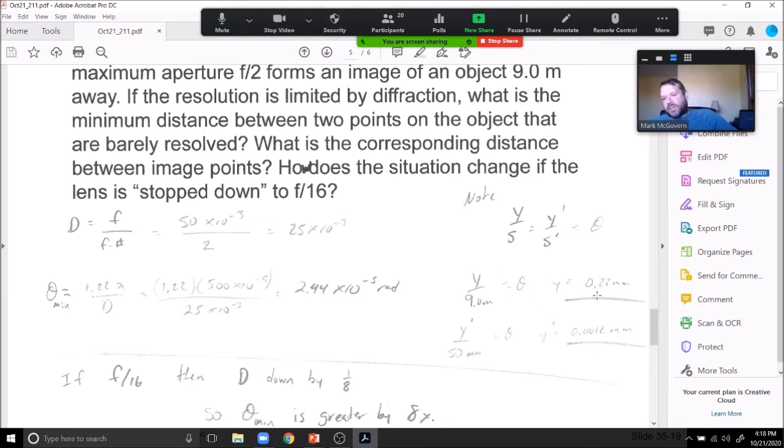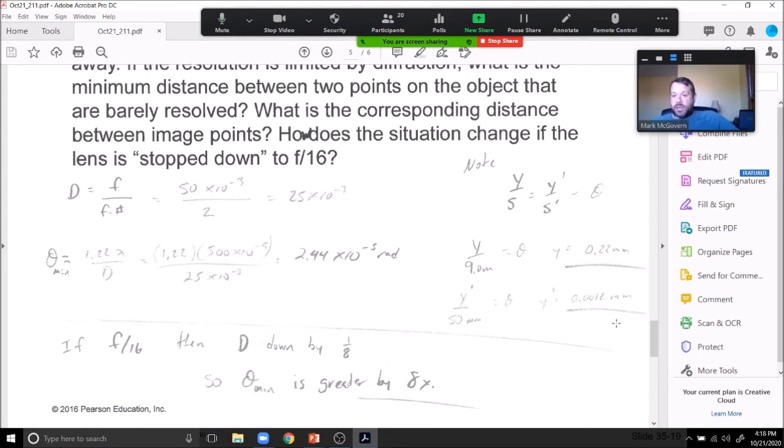Basically, this is saying that we could see something that's farther apart than, say, 0.2 millimeters, and when it's projected on the screen, it will look this small. So the question becomes, can you even see that? Do you need another device for that?